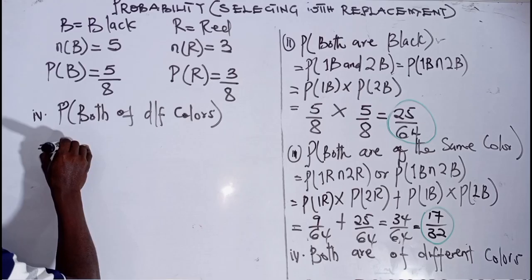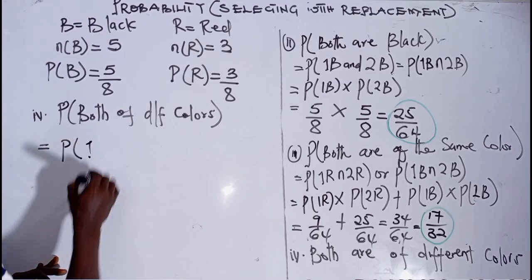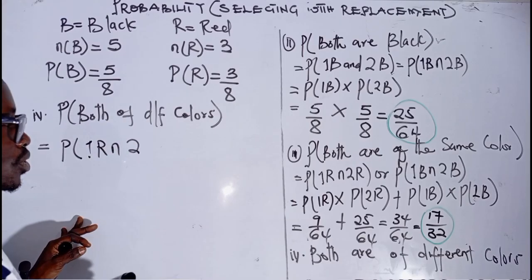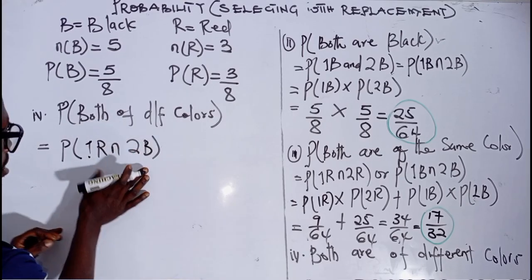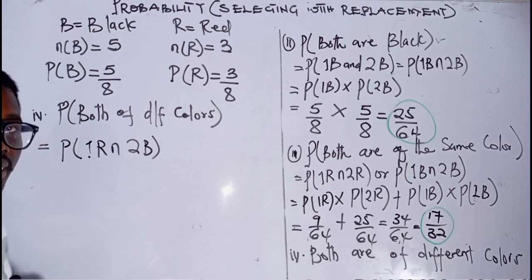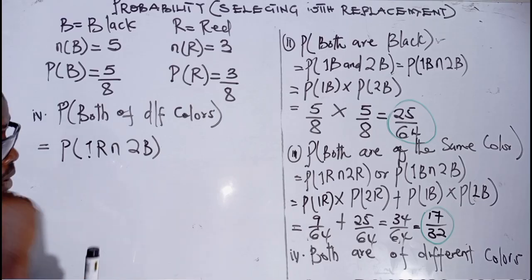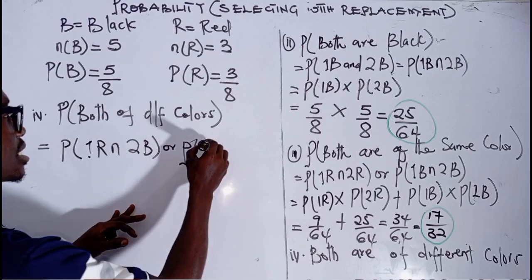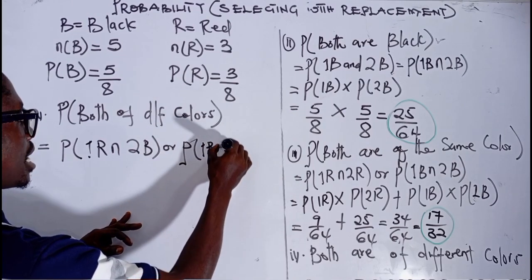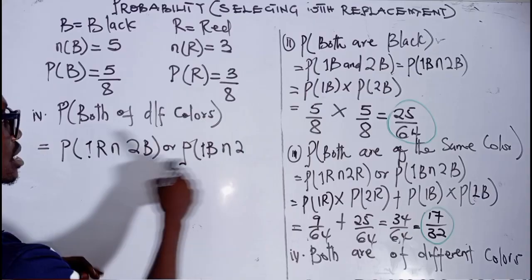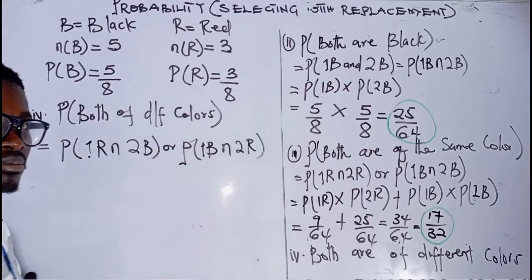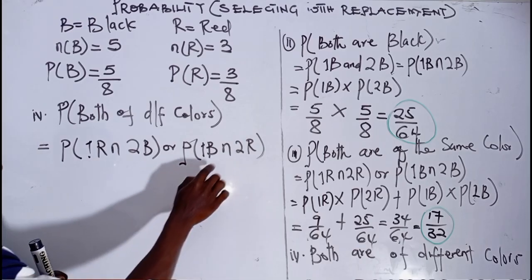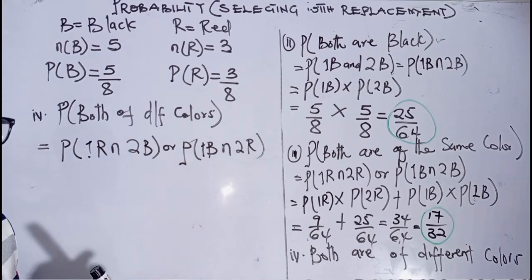So on the first draw, we are getting a red ball, and on the second draw, we are getting what? A black marble. So in this event, we are getting different colors. Or it can happen that on the first draw, we are going to get a black marble, and on the second draw, we are getting a red marble. So in these two instances, we are getting different colors. Red and black, black and red, we have different colors.